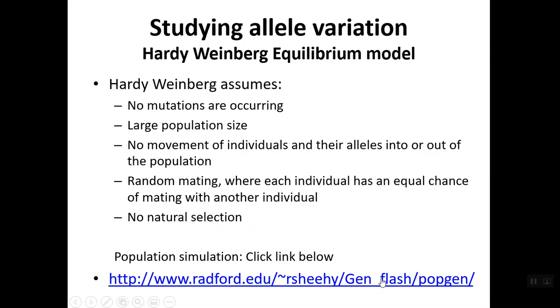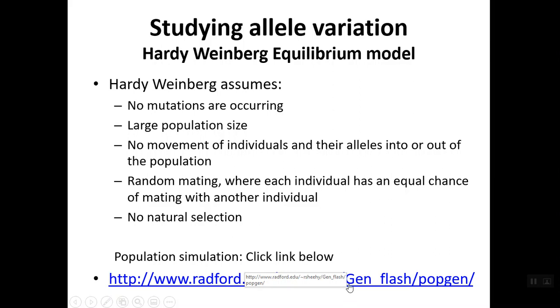All right, so this was a link where I would normally click and simulate, for instance, what happens when the population size changes, to show you how important population size is to maintain this equilibrium. I'm not going to do the exercise right now for practical reasons, but I invite you to click on this one. It's a very easy link where you can set different population sizes and see what happens.